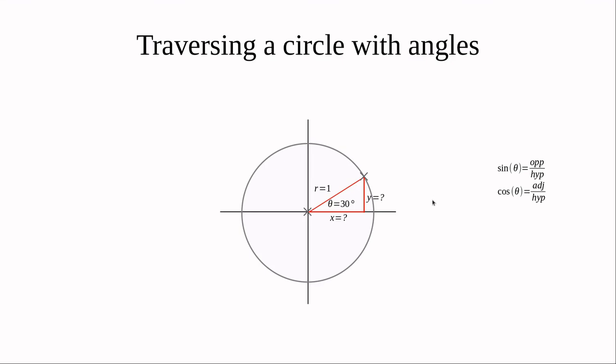Sine theta is opposite, so that's y over the hypotenuse, which is 1. And cos 30 is x over 1, because the adjacent is x and the hypotenuse is just the radius. Turning these into actual values, we know that sine 30 is a half and cos 30 is root 3 over 2.